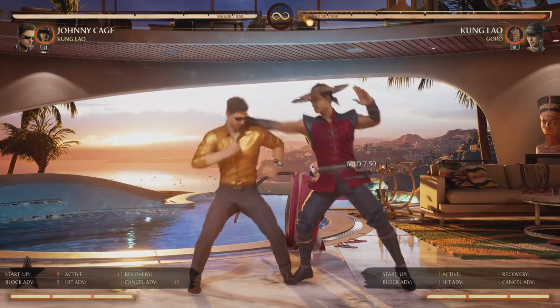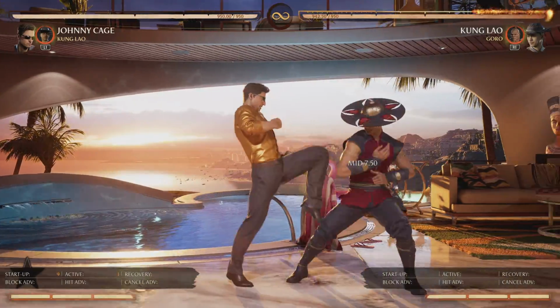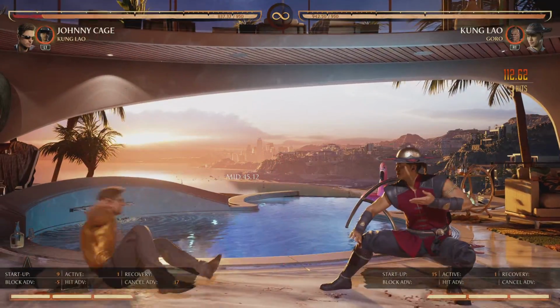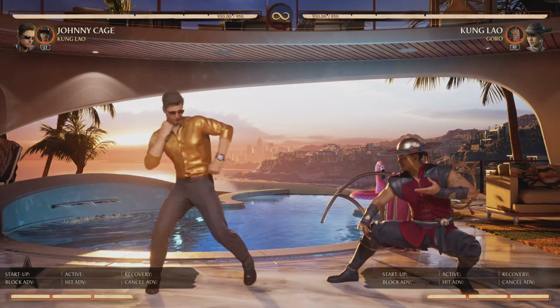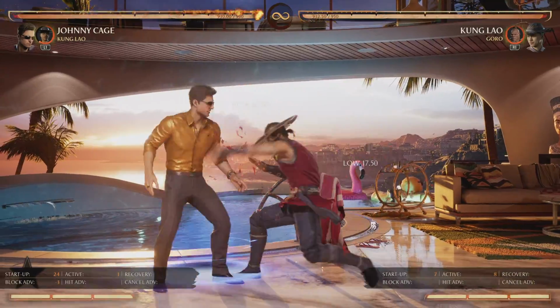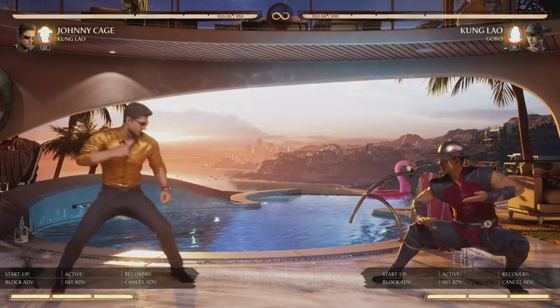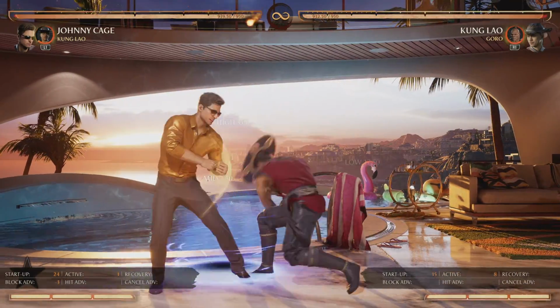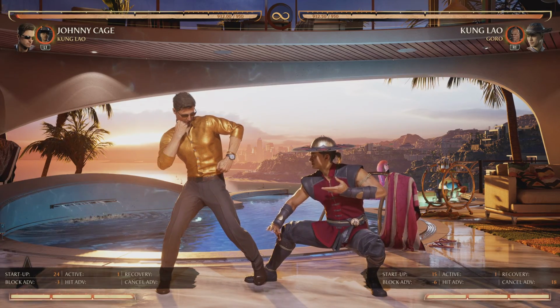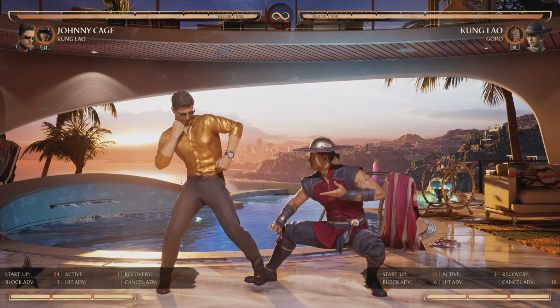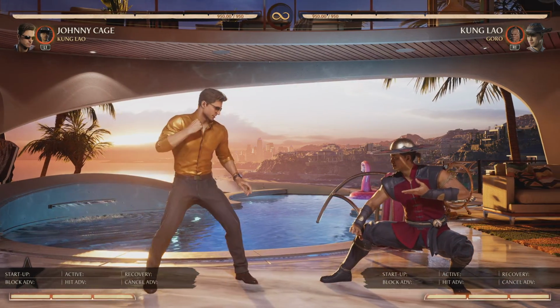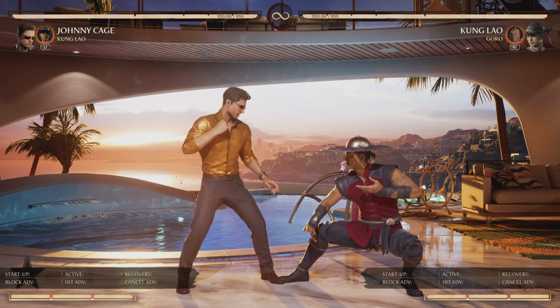You see Kung Lao took his turn back. If I tried to press a button like a jab or something, I'm going to get beat. So Kung Lao Hat being -3, technically it shouldn't be Johnny's turn anymore, or whoever's using this cameo, right? Technically, -3 is the end of your turn.